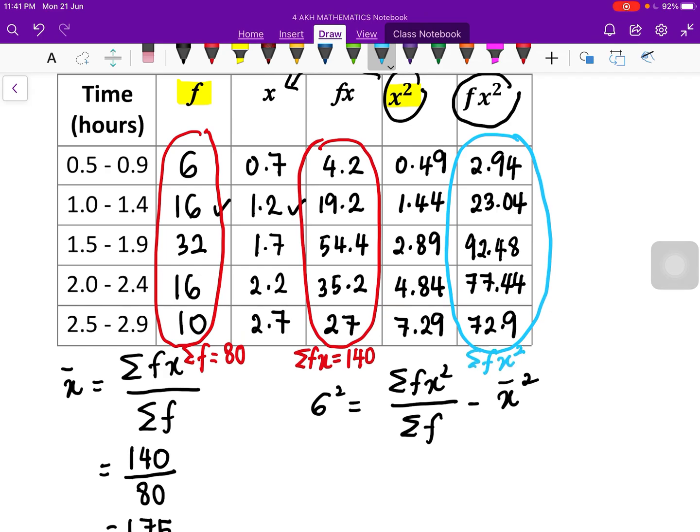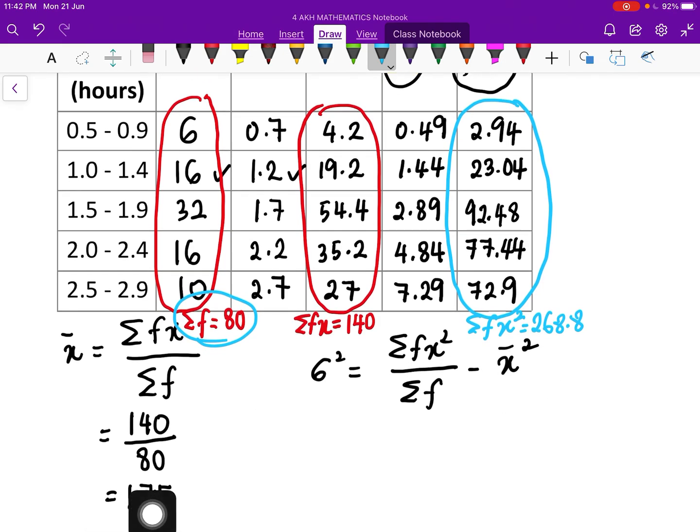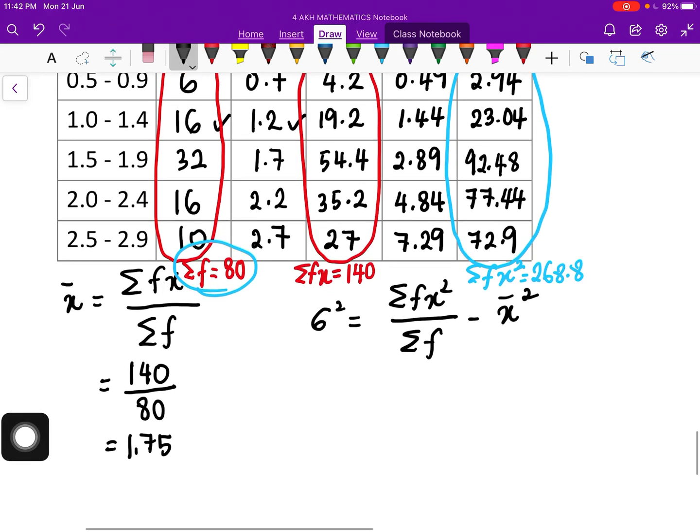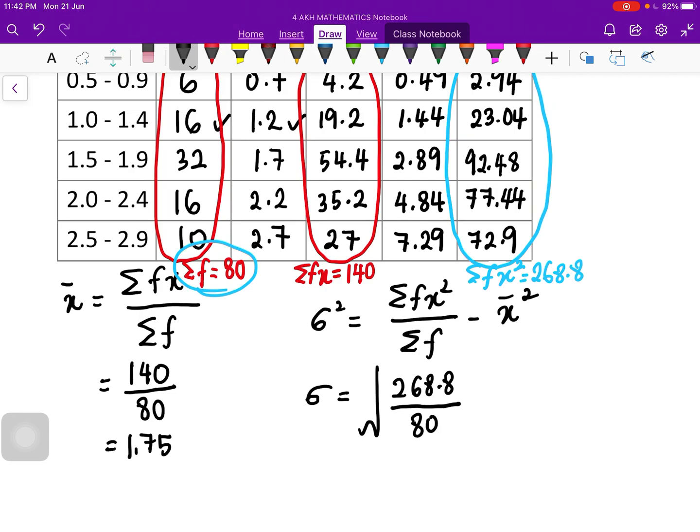So you will get 268.8. Okay, tambah. And then sum of f, we can use this. And then mean square, kita akan use the calculation of mean kita dapat tadi. Okay, so you will get, sebab kita nak calculate adalah standard deviation. So, square root sum of fx square 268.8 divide by 80 minus dengan mean square 1.75 square.